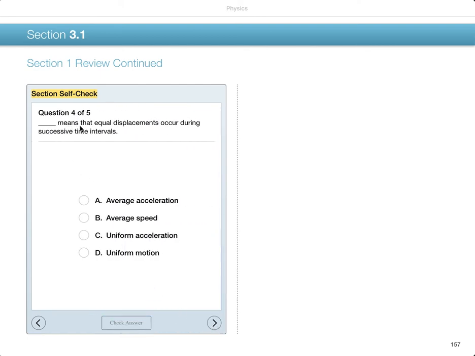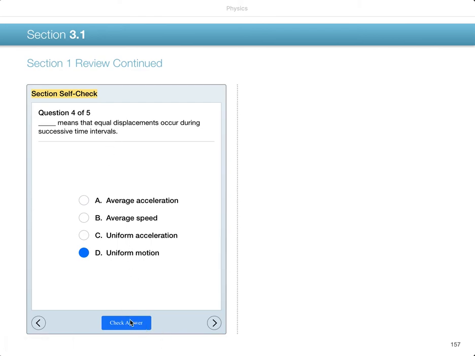Blank means that equal displacements occur during successive time intervals. Well, that means you travel the same distance every time interval. If you're going the same distance in the same amount of time, that means you have uniform motion. Remember we said this chapter is all about non-uniform motion, when you are speeding up or slowing down.